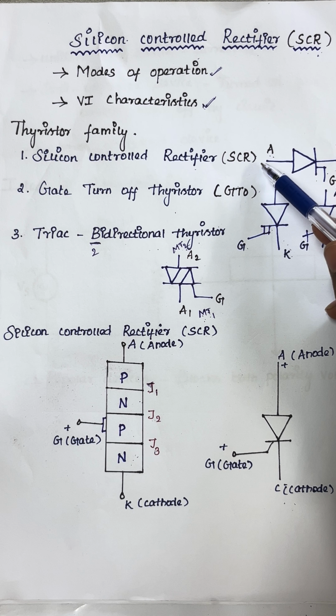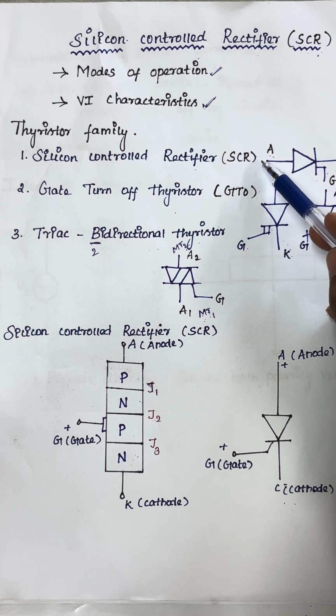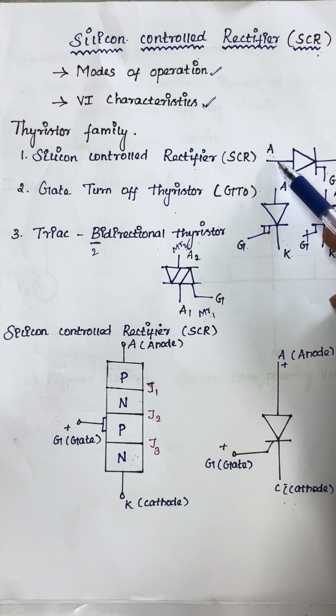Here also we have three terminals: the anode, cathode and gate. The difference between the SCR and GTO is that in an SCR you can control only the turn on process, but not the turn off process. That means the turn off process is a commutation process. You can turn on by using the gate terminal, but you cannot turn off the SCR simply by removing the gate.